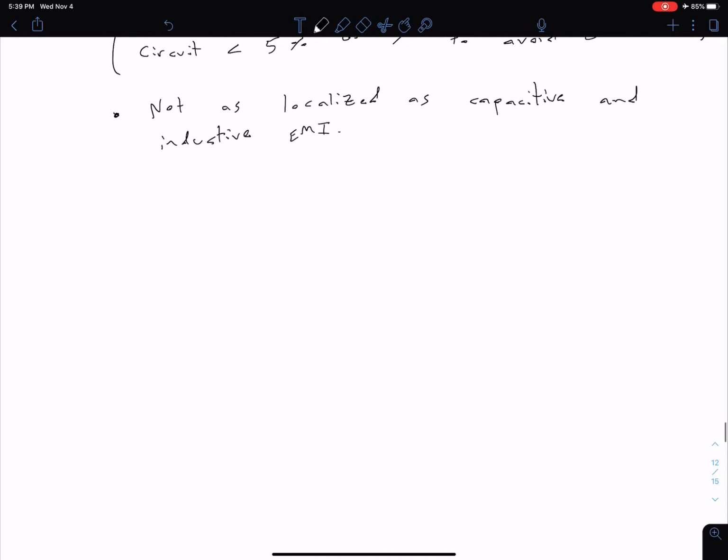So let's talk a little more about our behavior of fields for a second. We can understand it a little better if we look at this ratio of a distance normalized to wavelength.